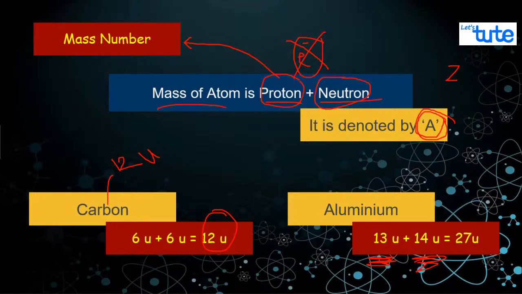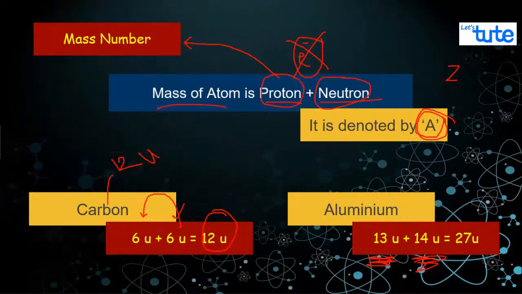So there are elements which have a different number of protons and neutrons. Okay, and there are cases where the number of protons and neutrons are actually the same.